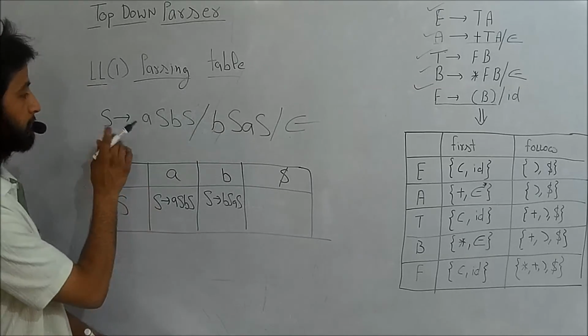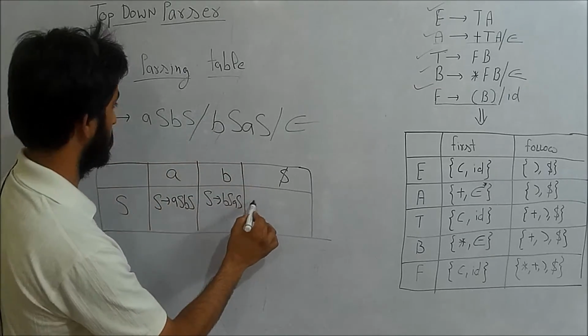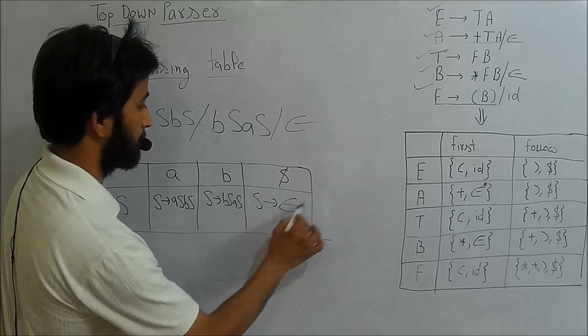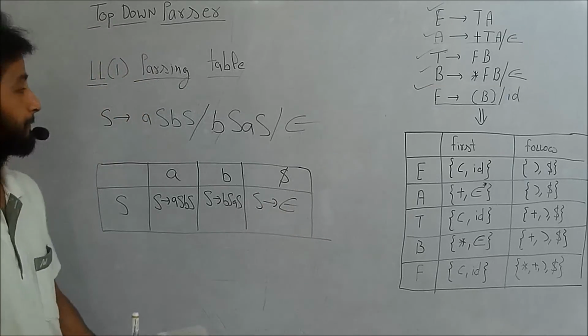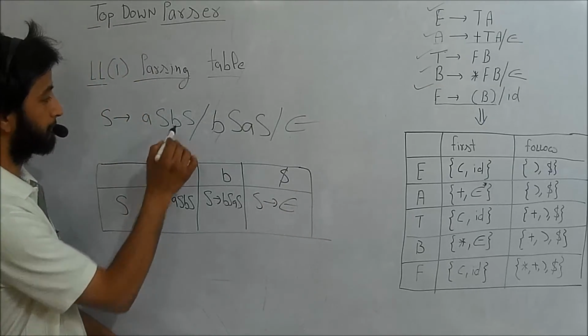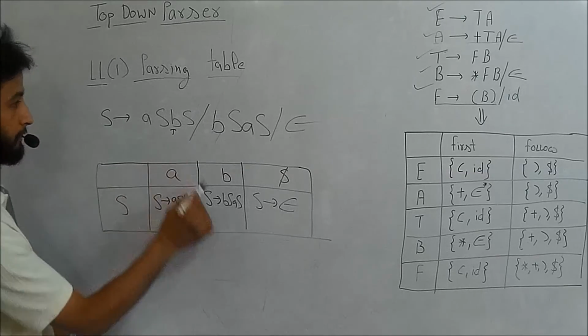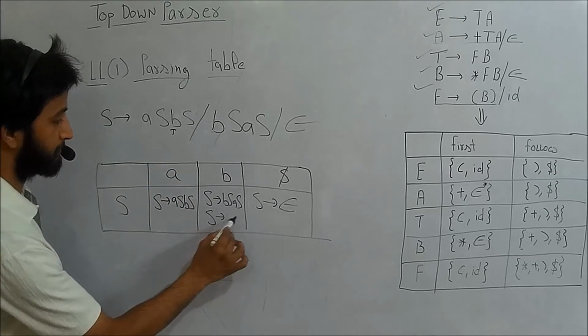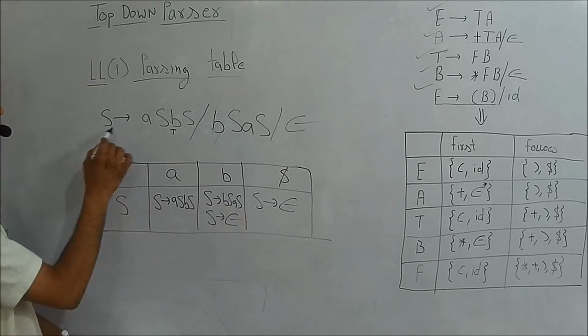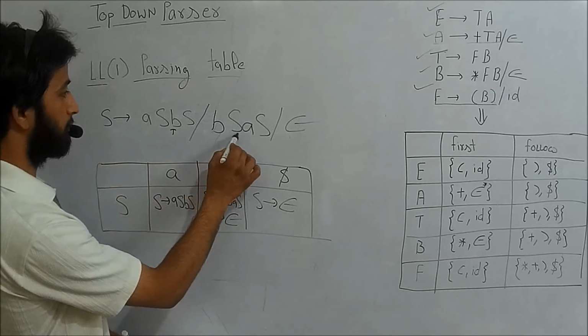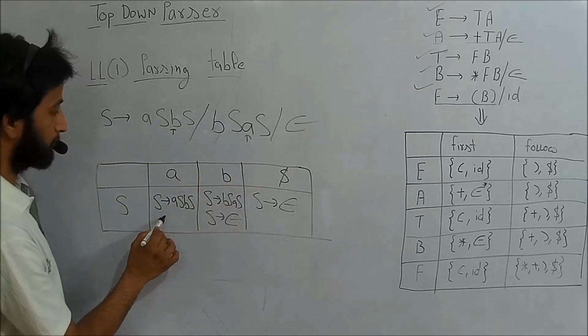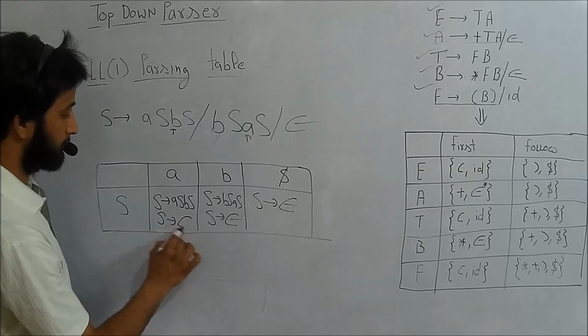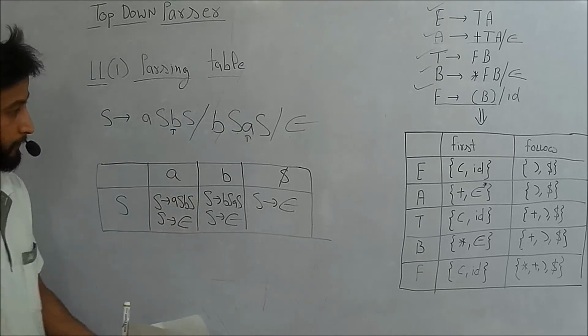The follow of S includes dollar, so S derives epsilon goes there, and the follow of S is also B, so I have to put it under B also. In the third case the follow of S is also A, so I have to put it under the A column too.